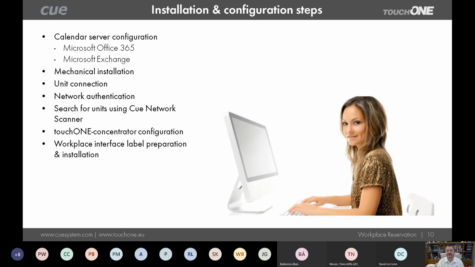Then when it is prepared, you do the mechanical installation and connect all units together. You have to consider network authentication if you have some security requirements in your network. It's a typical job for IT people, so IT administrators have to say how to deal with such stuff.